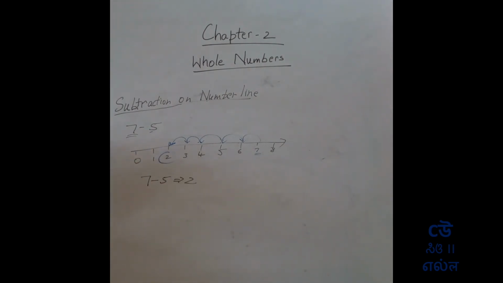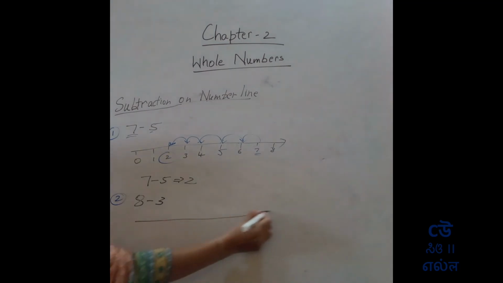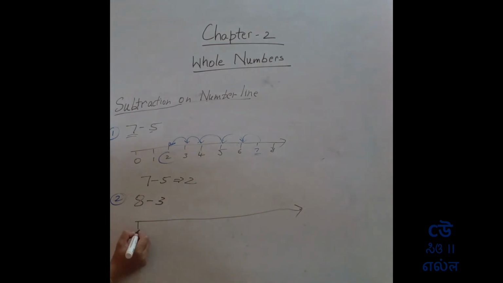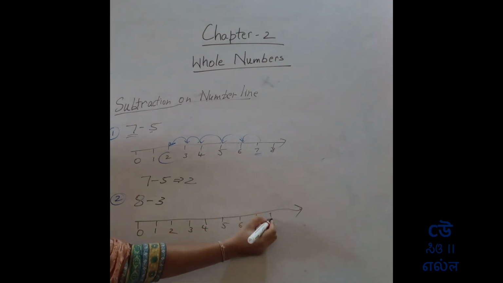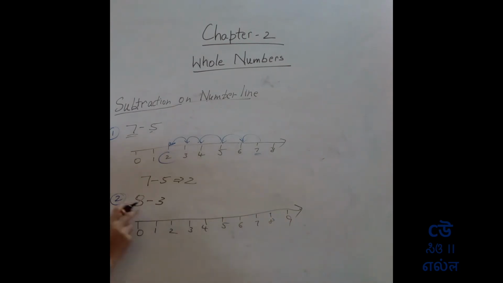Next, let me take one more example, that is 8 minus 3. Okay. 0, 1, 2, 3, 4, 5, 6, 7, 8, 9. So first, which number have they given? 8 they have given.